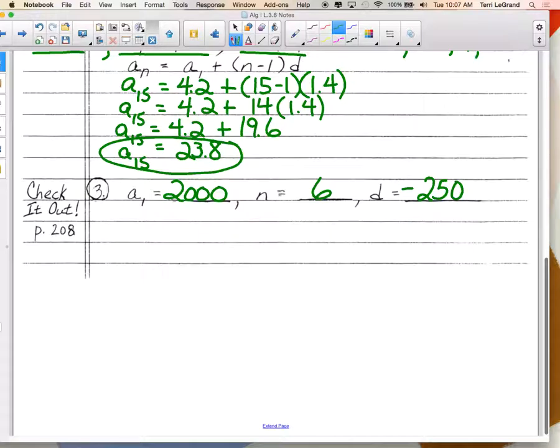So we have to make sure that we make it negative when it should be. It's dropping off 250 pounds. So A sub 6 equals, what do we put in next? 2,000 plus 6 minus 1 in parentheses times negative 250.